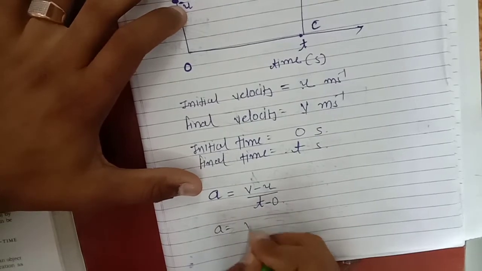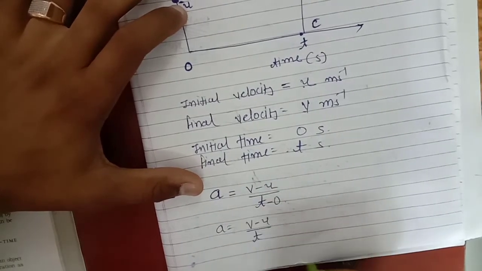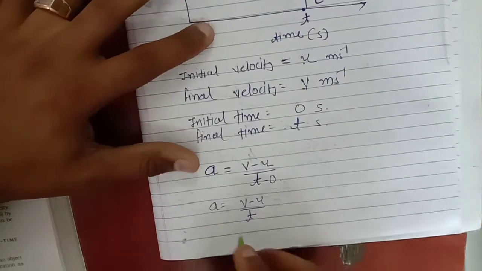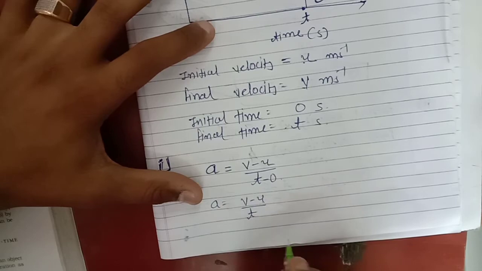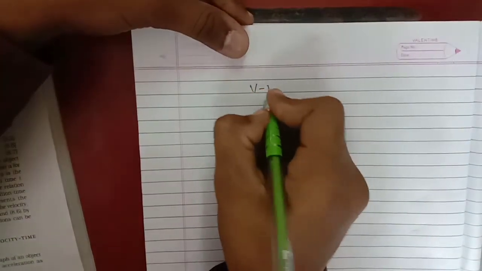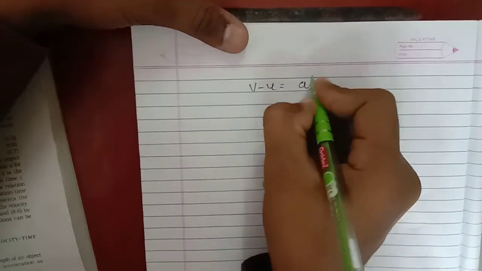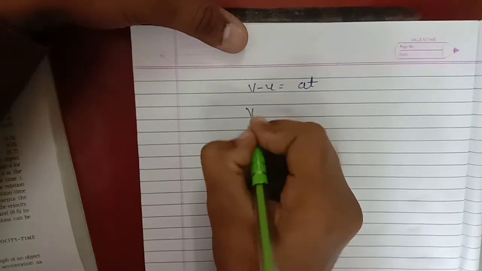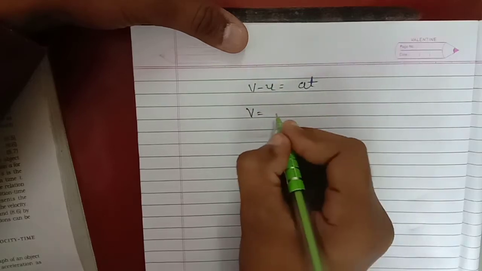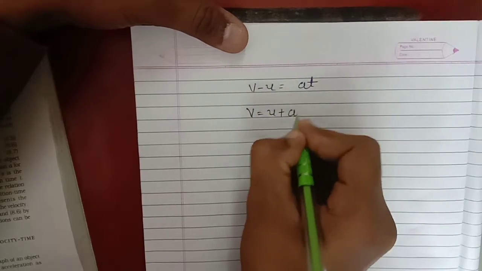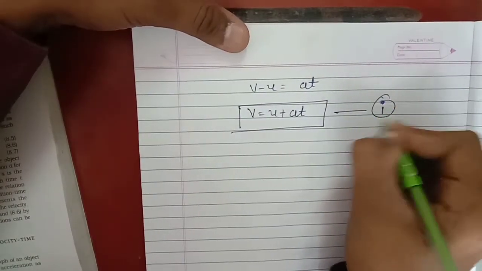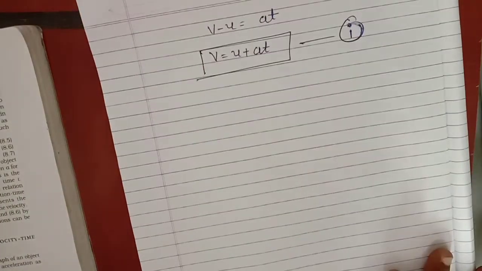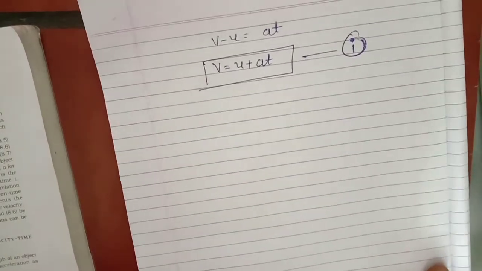So a equals V minus u upon t. So V minus u equals a into t. Transferring u to the right-hand side, V equals u plus at. This one is the first equation of motion by the graphical method.